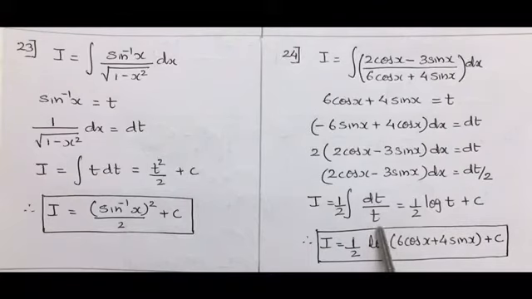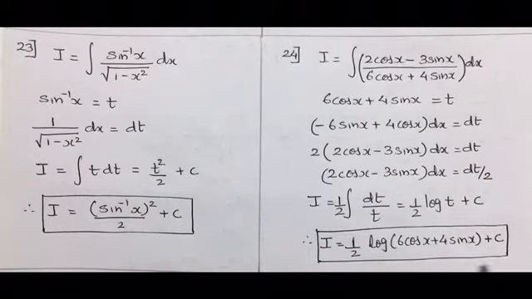So 1 upon t we got. Now integration of 1 upon t is log t, half is again as it is, so it becomes half log t plus c. Now t is assumed as 6 cos x plus 4 sin x, that is being replaced instead of t.